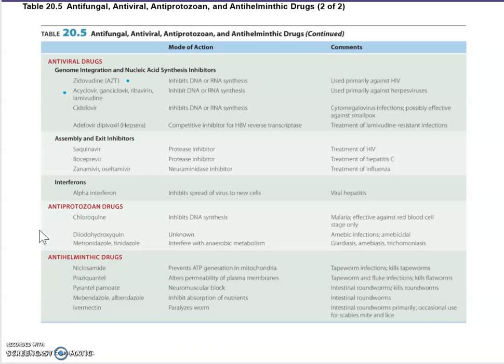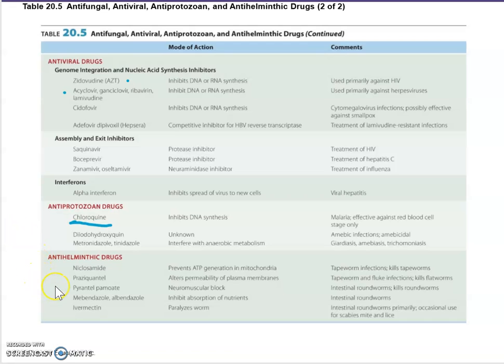Chloroquine and hydroxychloroquine are classic antiprotozoa drugs that are used for infections with protozoa. How they could possibly work as an antiviral drug, I'm not sure, but maybe the clinical trials will show us. So you should definitely know chloroquine as an antiprotozoa drug. The other ones you don't need to know by name.